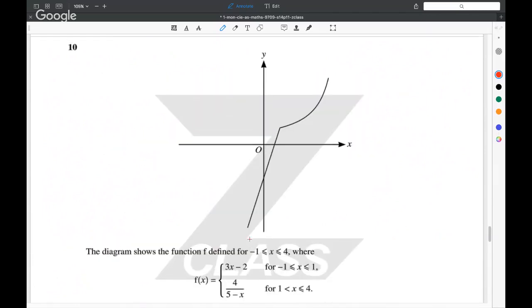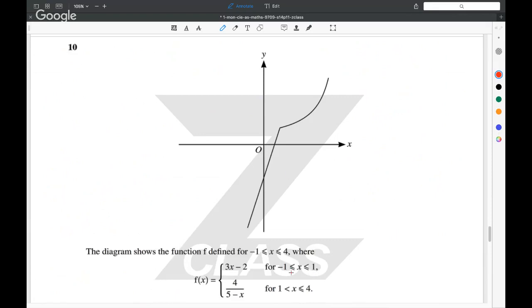Question 10. Now we're seeing a graph of a function that's not smooth. It's joined together by 2 functions.